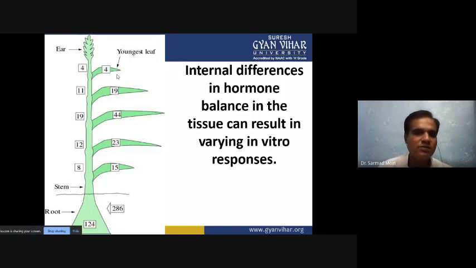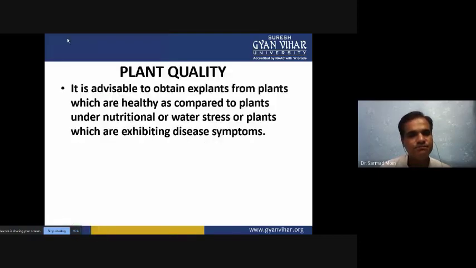Younger plants or younger cells or tissues have very little growth and development, and that's why the phytohormone concentration is also very low. So they will respond very well when we are growing these plant parts in the artificial condition.